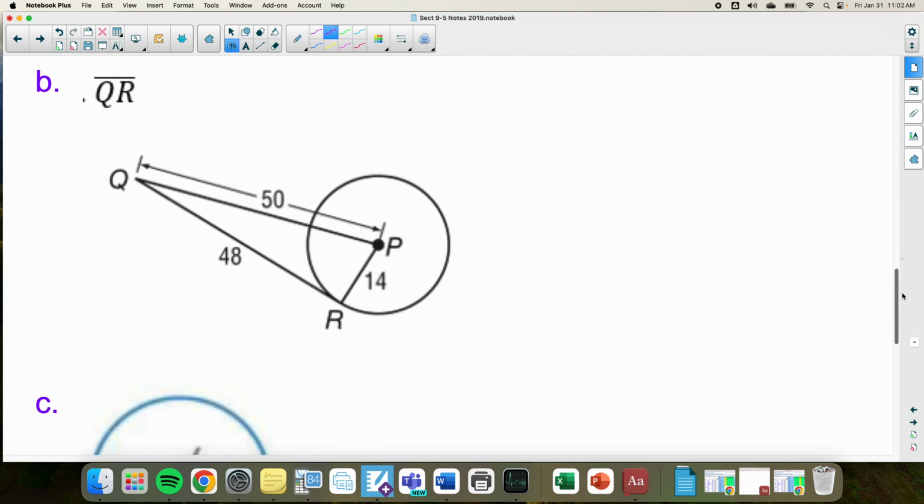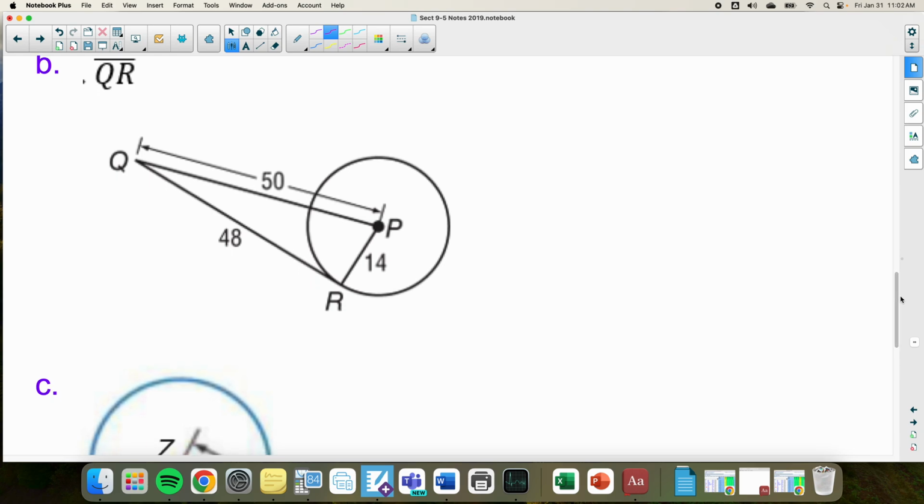Then if we look at this one, where do you think the right angle would be here? Like R. R, yes. So here's my tangent segment, here's my radius. So if there is one, it's gonna be right there. So what we're gonna check here is the two smaller ones, 48 squared plus 14 squared equal to 50 squared.